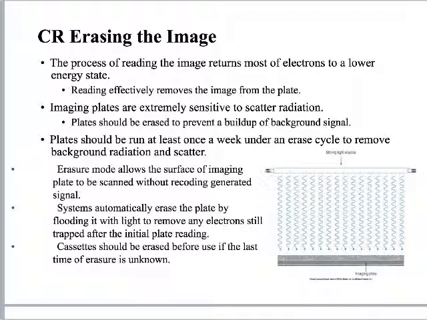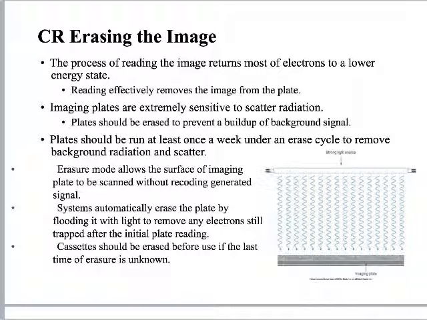Final piece to CR cassettes is the plate now needs to be erased, right? We've scanned it with our laser. We've collected all the light that was emitted by the phosphors. Now we need to erase it. We basically need to wipe the slate clean. If there was some part of it that the laser didn't activate, if there's one little really stubborn crystal that's still stuck like this, even after the laser hits it, we need to release those or return those back to that other state.